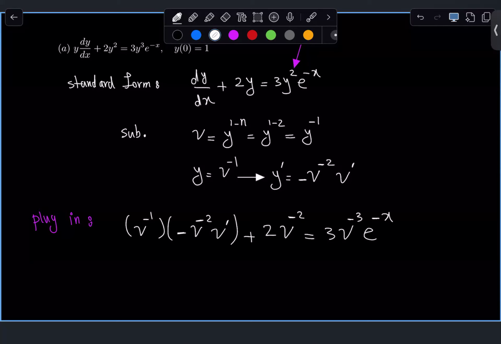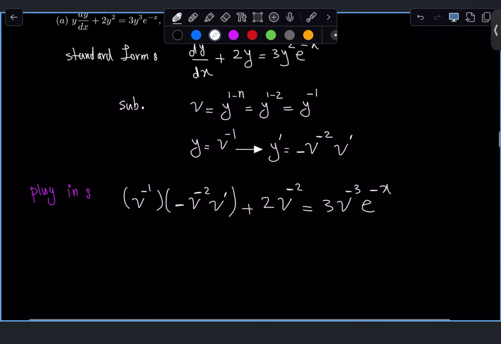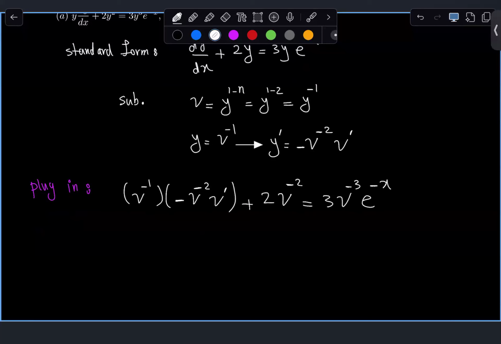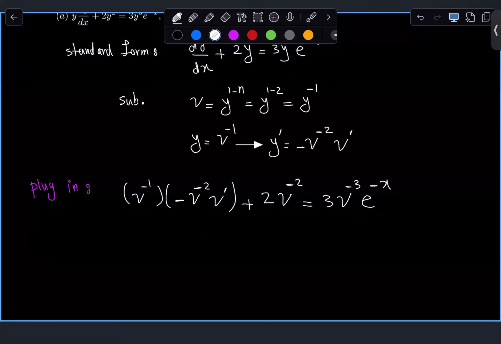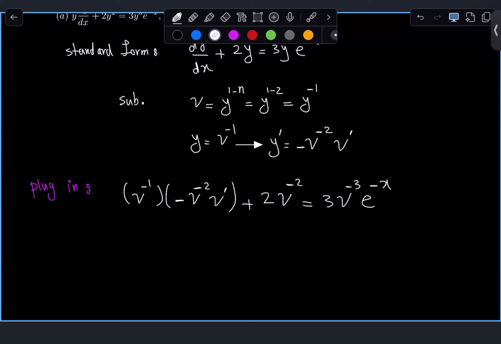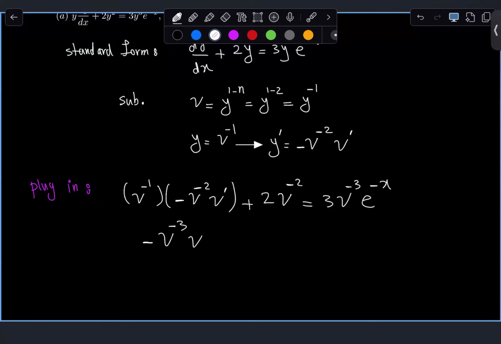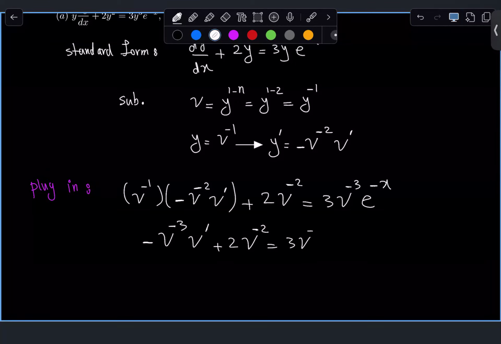Is that correct? Hopefully that's correct. Okay. So let's see if we can simplify this a little bit more. What do we want to get? We know our equation should turn into what kind of equation? A linear one. Okay. So I have here negative v to the negative 3 v prime plus 2 v to the negative 2 equals 3 v to the negative 3 e to the minus x.